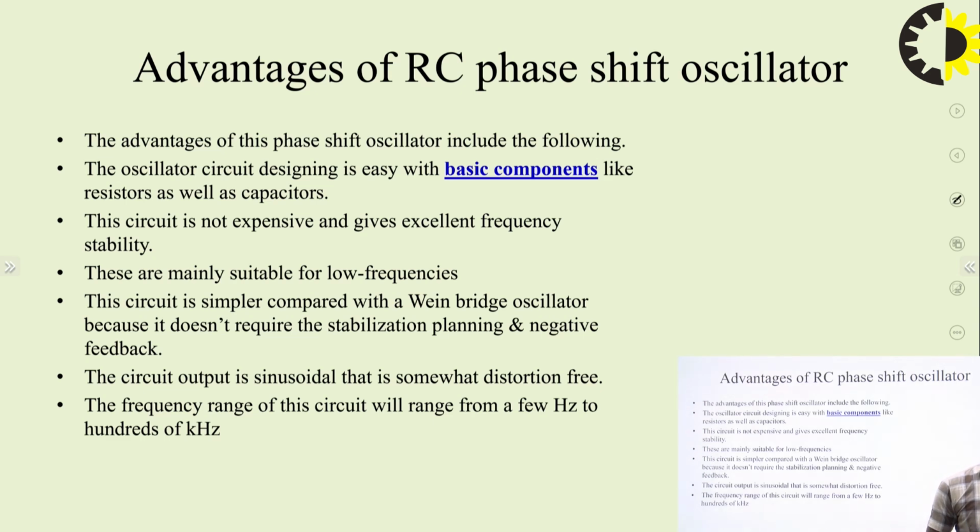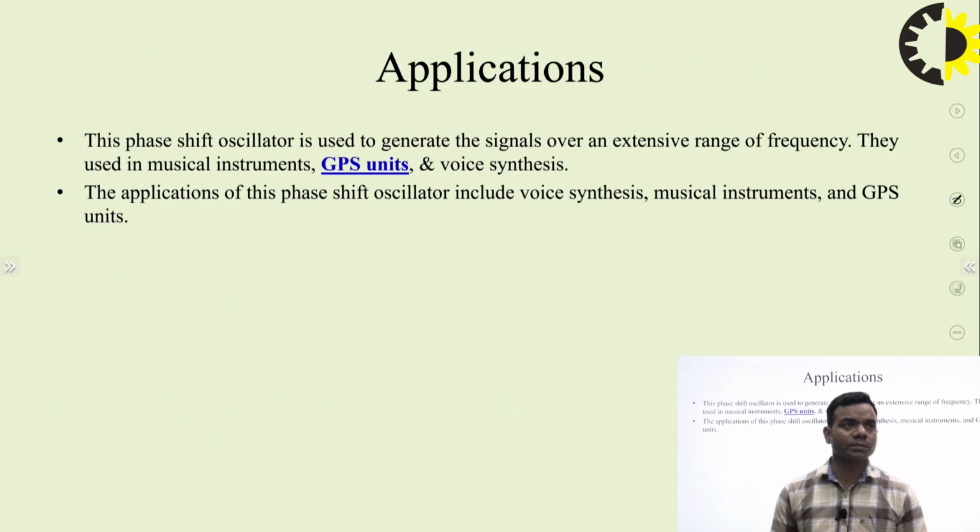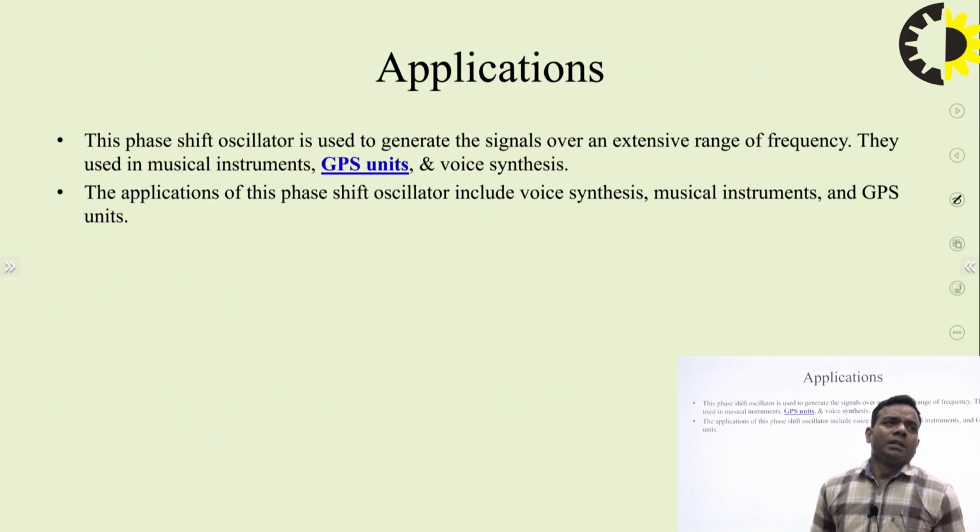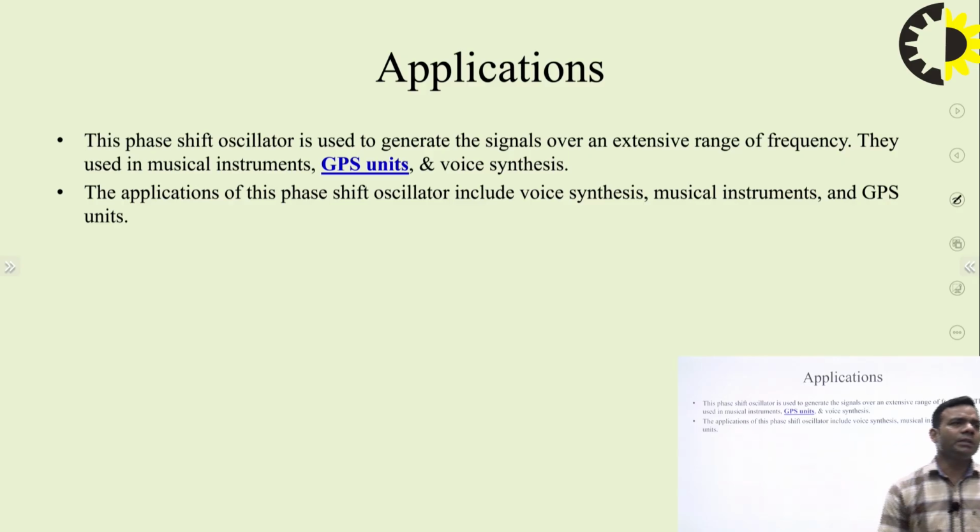The circuit output is sinusoidal, somewhat distortion free, and it can work nicely from 0 hertz to a few kilohertz. They have applications in musical instruments, GPS units, voice synthesis.